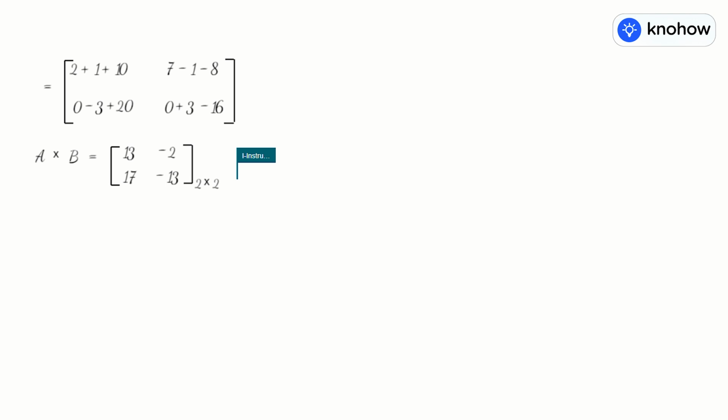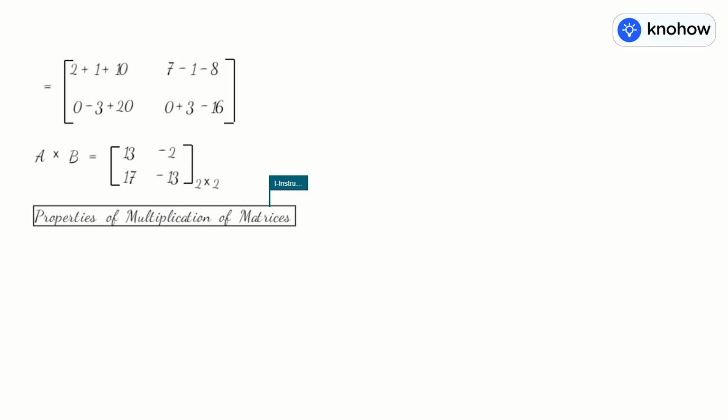And now let me take the properties of multiplication. Properties of multiplication of matrices. Number 1, you have noted that the addition of matrices is commutative, but multiplication of matrices in general is not commutative.